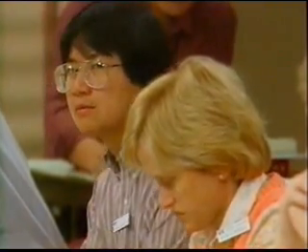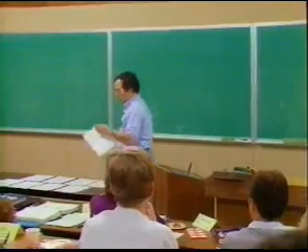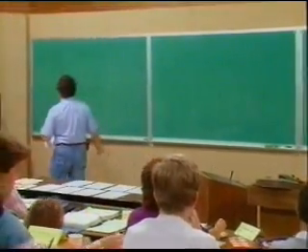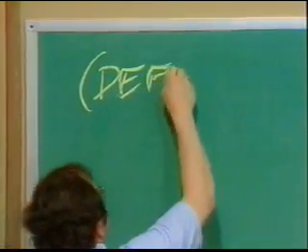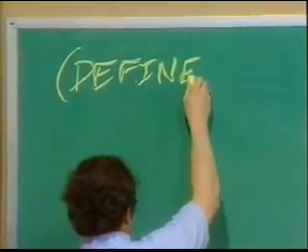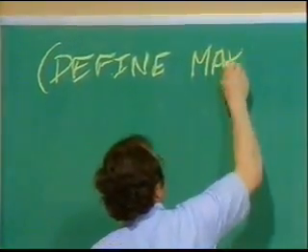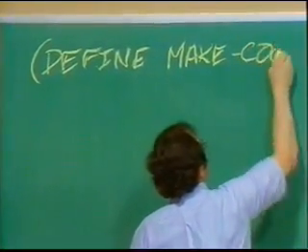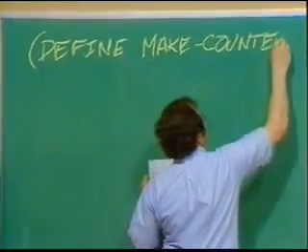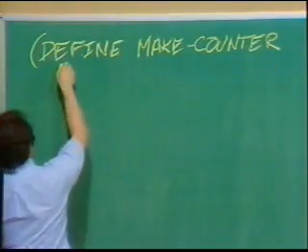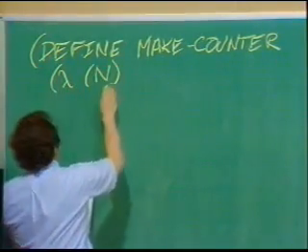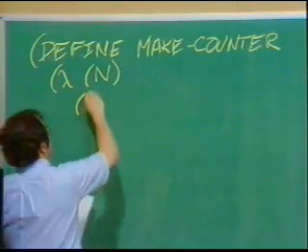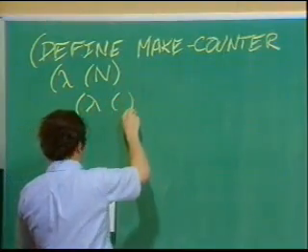Start with a very simple program, which I'm going to call make counter. I'm going to define make counter to be a procedure of one argument n, which returns as its value a procedure of no arguments.